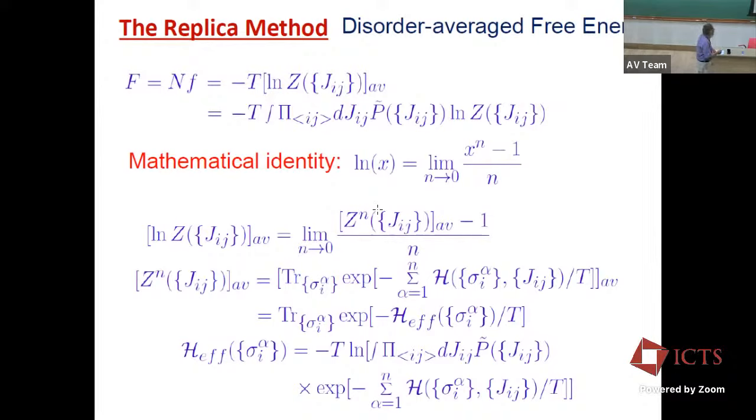And then at the end, you do this average over the Jijs. So eventually, one is doing the calculation with this. But if I want to look at averages, I can look at it with respect to this effective Hamiltonian or that, because these two are equivalent to each other.